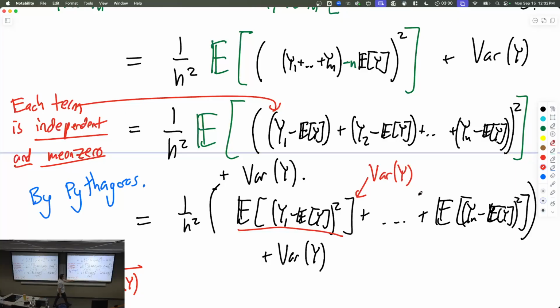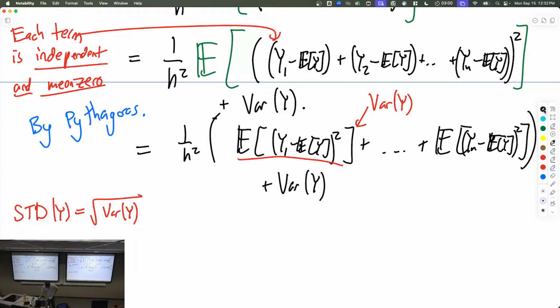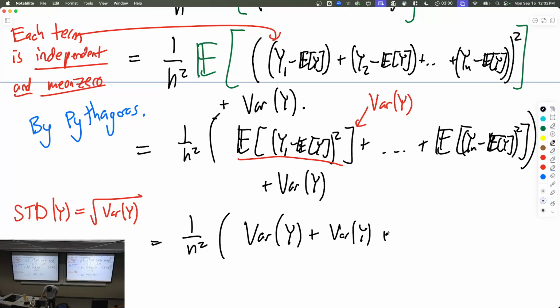And in fact, this term is exactly how this guy appeared. So when we did the calculation earlier, this variance appeared from this kind of thing. So what is going on here? We have 1 over n squared, and then we have the variance n times. So we have 1 over n squared, and then we have the variance of y plus the variance of y plus dot dot dot plus the variance of y, 1 for each dice roll. y1, y2, y3, they're all the variance of y.